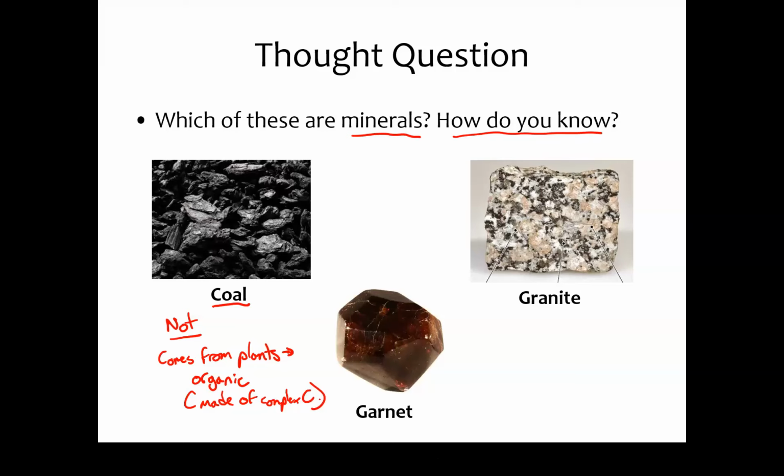So this is not. Granite, it's made of minerals, but it's not itself a mineral. Don't call granite a mineral. We look at it and we can see different bits. And the fact that this has so many different colors in it indicates to us that it's probably made of different pieces of things. These pieces of things, because they have different colors, probably have different compositions.